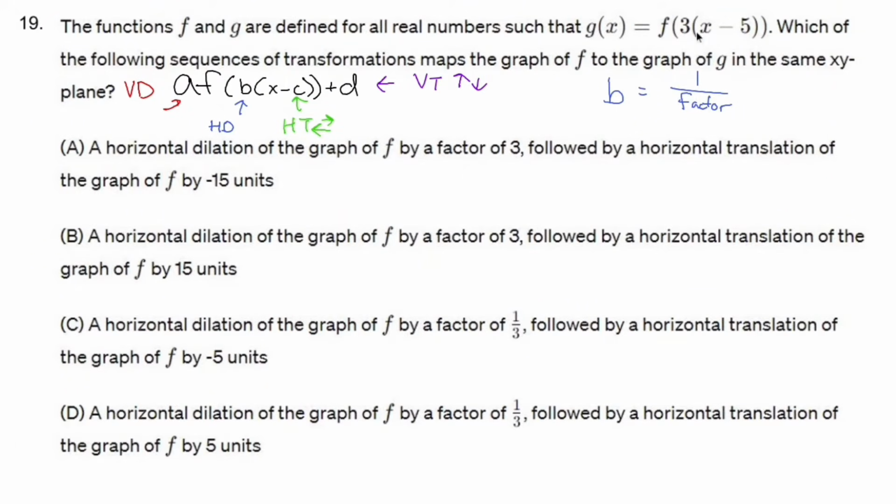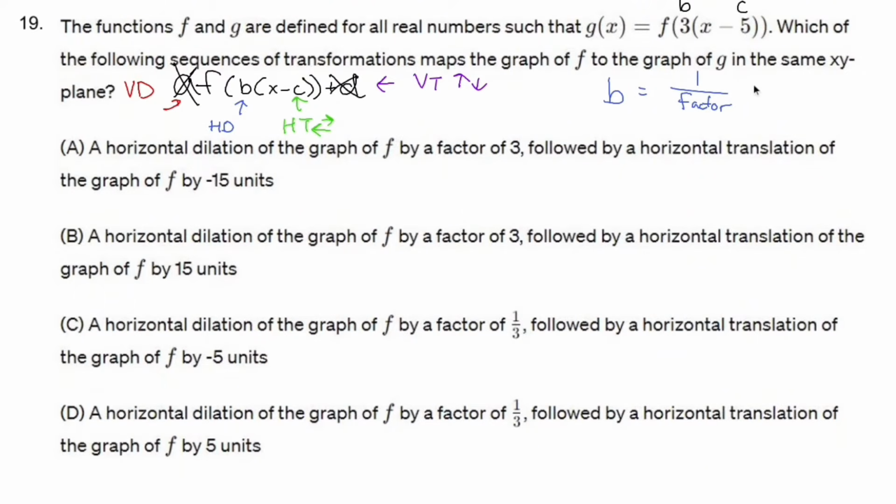Now, what I have here is nothing in front of f, so the a part means nothing. We have f of 3 times x minus 5, which means the b that we care about is 3, and c is 5. Then we have no number being added or subtracted on the outside, so we don't have to worry about a vertical translation. The b is the horizontal dilation, but we write it as its reciprocal.